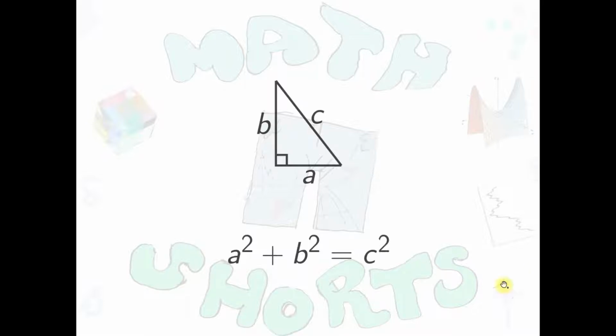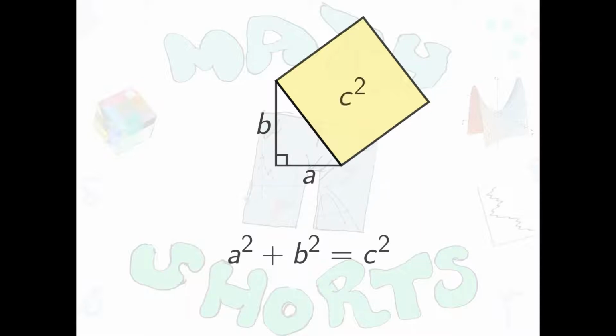Now, in our formula, we have this a to the exponent of 2, b to the exponent of 2, c to the exponent of 2. We read this as a squared, b squared, and c squared. That tells us that we're actually looking at something else. If I construct a square on the side of our hypotenuse, its area will be c squared.